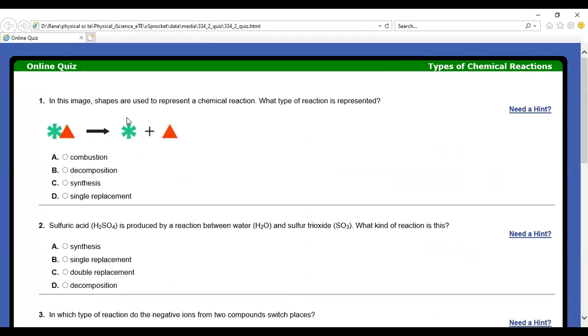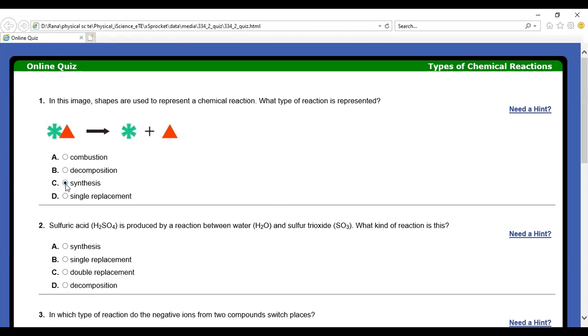In this image, shapes are used to represent a chemical reaction. What type of reaction is represented? Just raise your hands. What about Adam? Could you help us with this question? Yes, Adam, you said it's C.